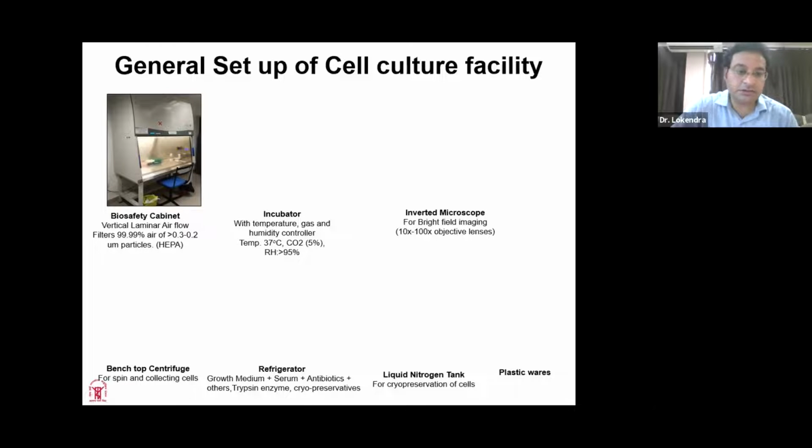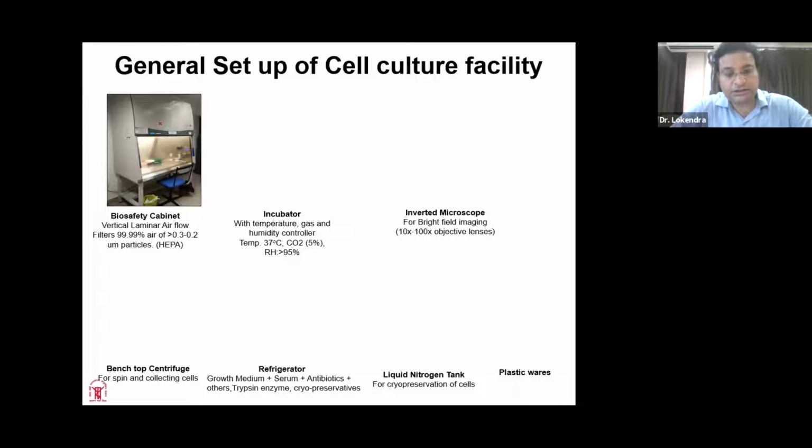These biosafety cabinets come in various levels. You can classify them as BSL 1, 2, 3, and 4. BSL 1 and 2 are basically used for growing less hazardous or non-infectious agents, for example some mammalian cells and non-infectious cancer cell lines. And when you go for a higher safety level, BSL 3 and 4, more infectious agents are used.